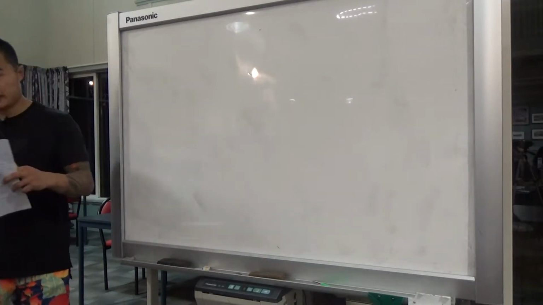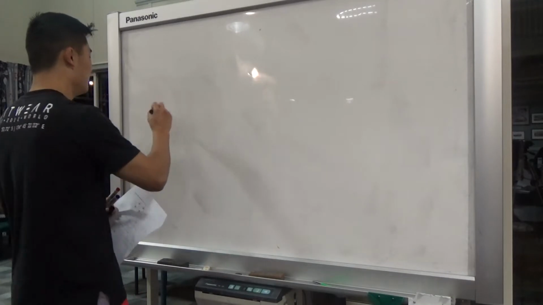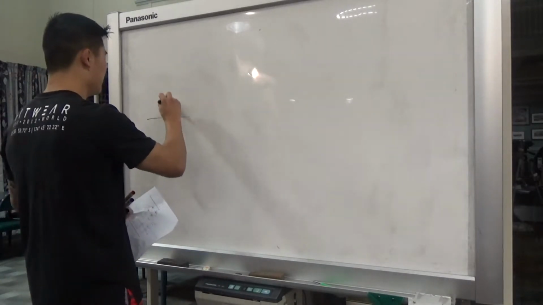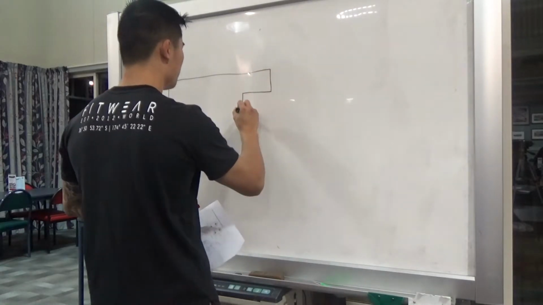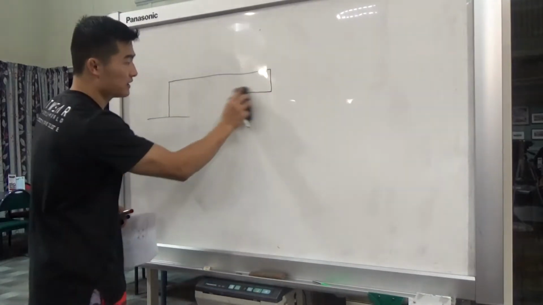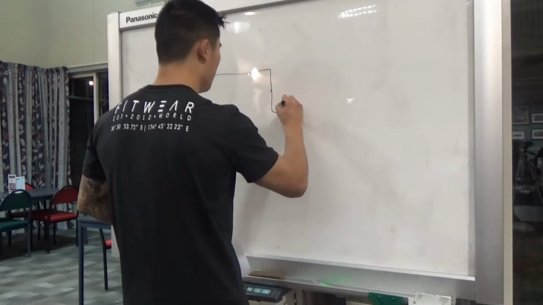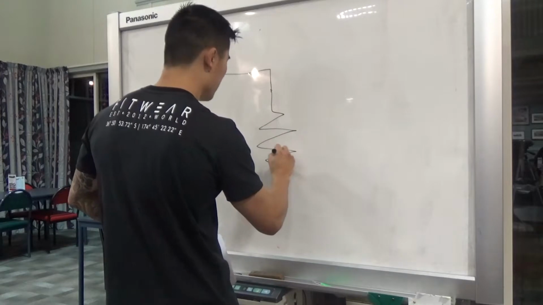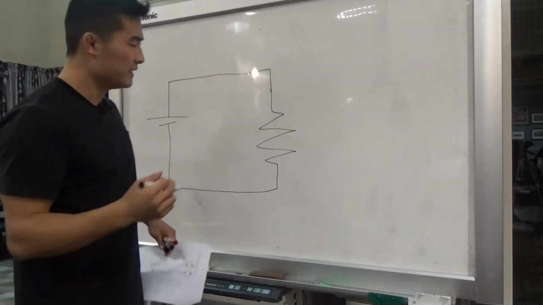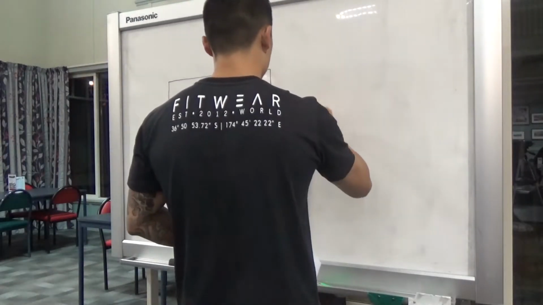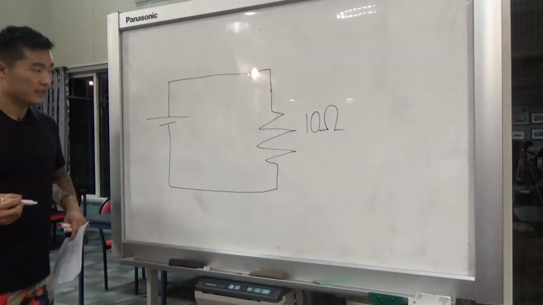So before we go on to number 4, I'll just quickly talk about resistors. So you have your circuit. Let's say that initially we just have one resistor, and the resistance is 10 ohms, okay?